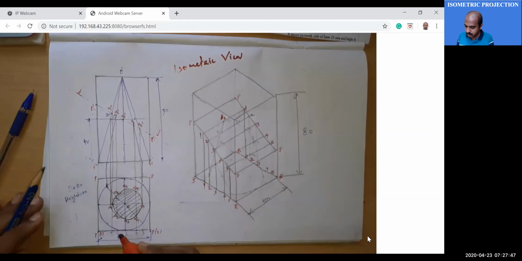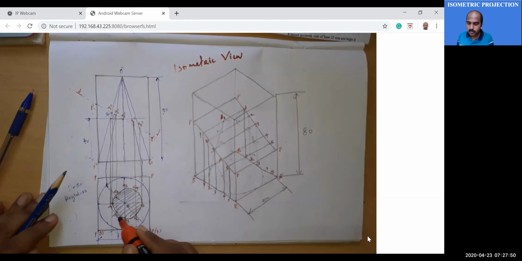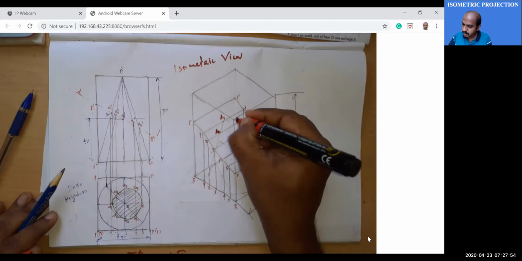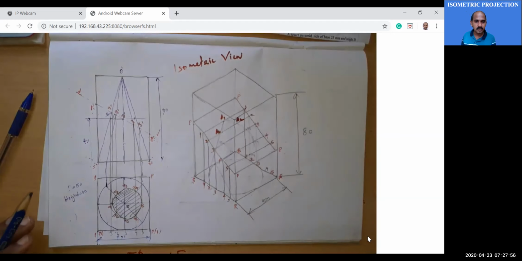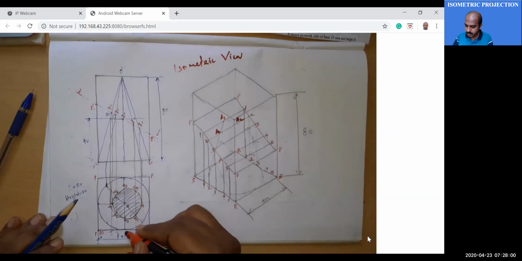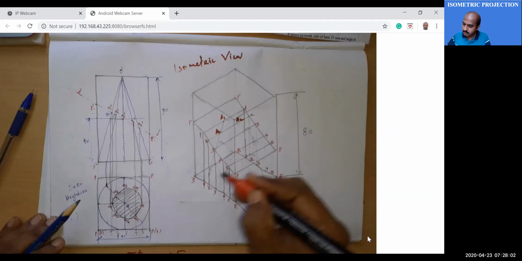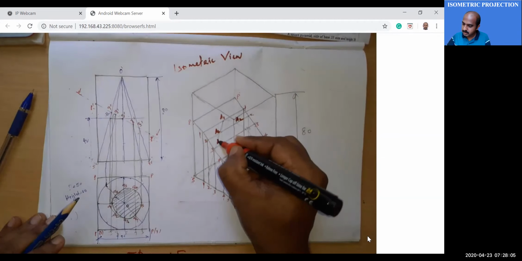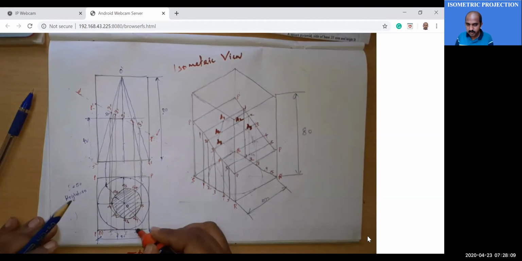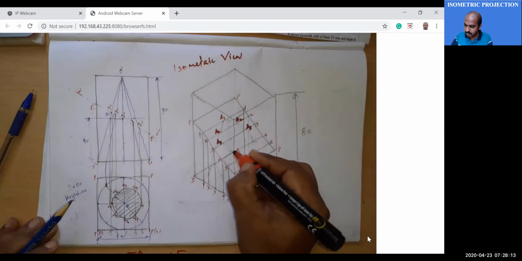Then you measure 2 to small a2, so this is your a2 here and a2 here. Then you measure 3 to a3, then mark on this line. This is a3 and this is your a3. And 4 to a4, you mark a4, then 4 to a4 on this line.